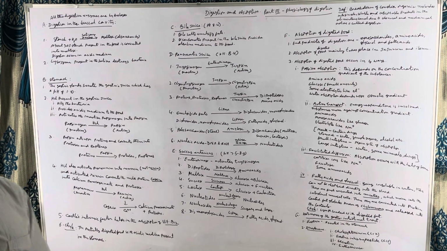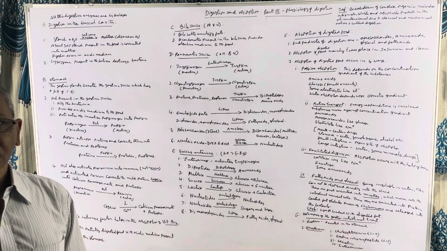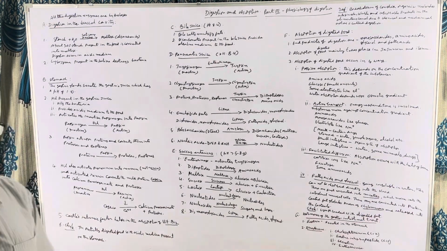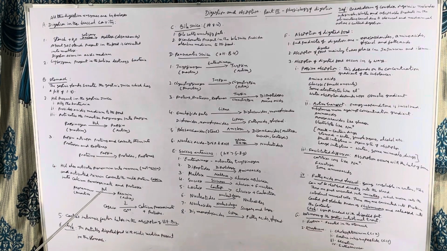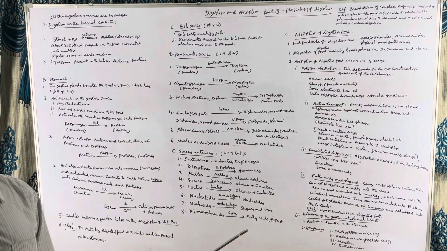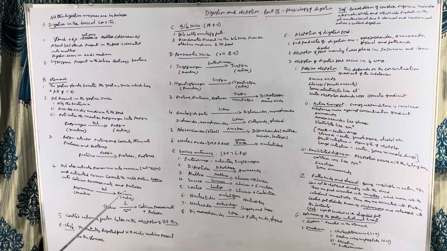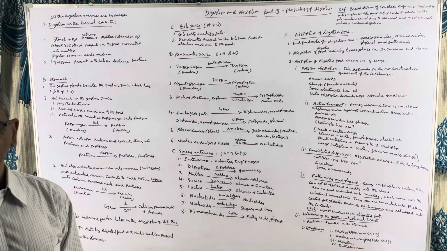Then in babies, the main food is milk. Milk contains a protein known as casein. But that casein has to be digested. For that, in the stomach, one enzyme known as prorenin is secreted. Prorenin is an inactive enzyme.